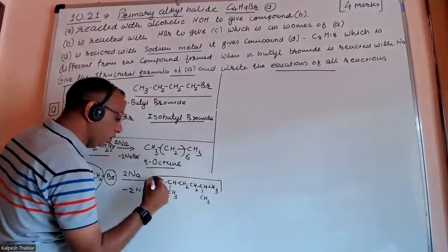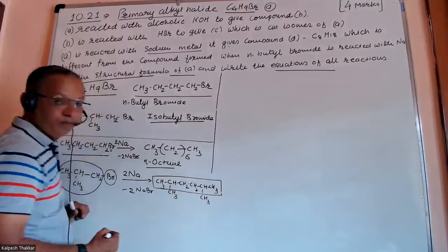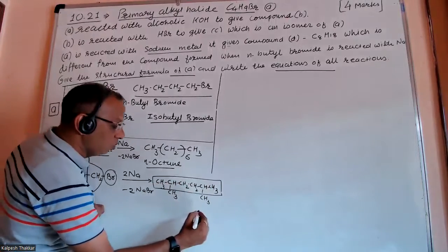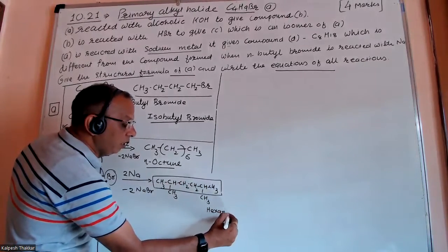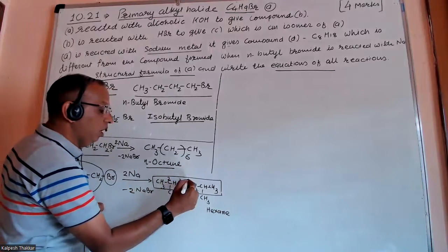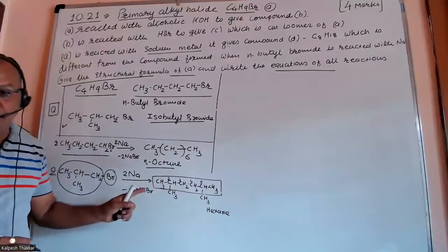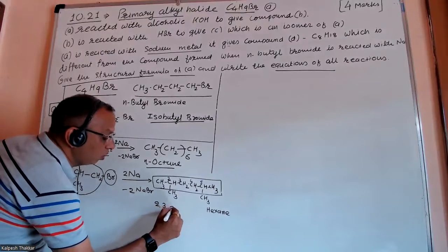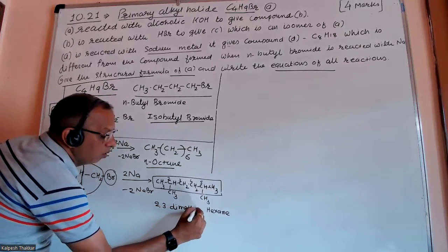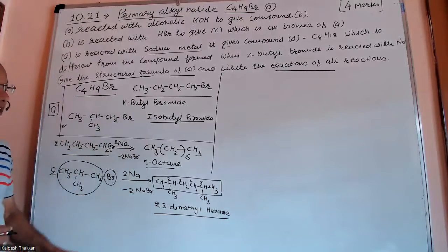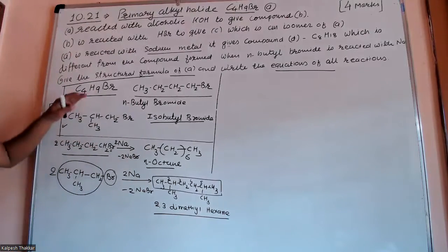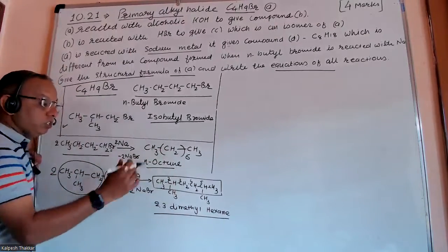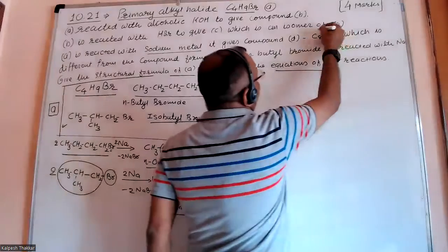You can see there are 6 carbons in the chain, 1, 2, 3, 4, 5, 6, so it is called hexane, and on the second carbon and the fifth carbon, as you can see, 2 branches are there, and it is said 2,5-dimethyl. So 2,5-dimethylhexane is our product. So friends, this is the first option, and this is the second option, in which we are getting the C8H18 compound.